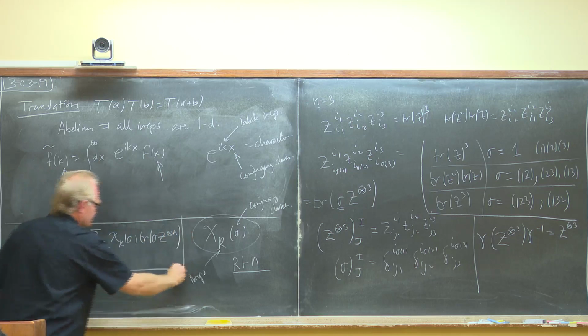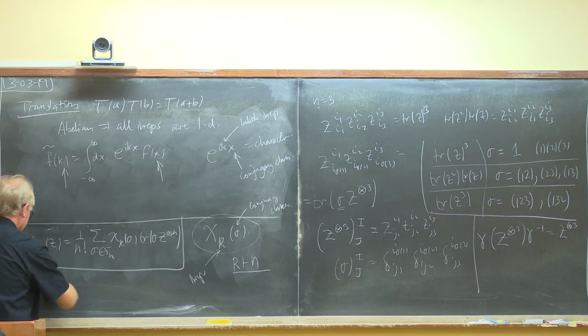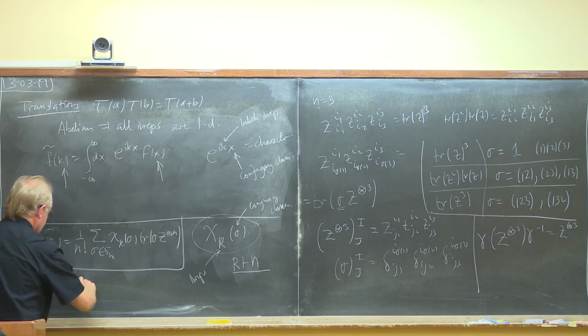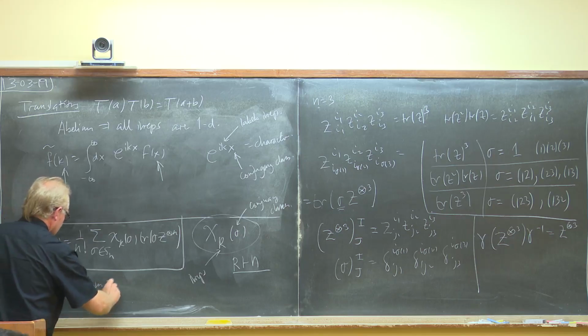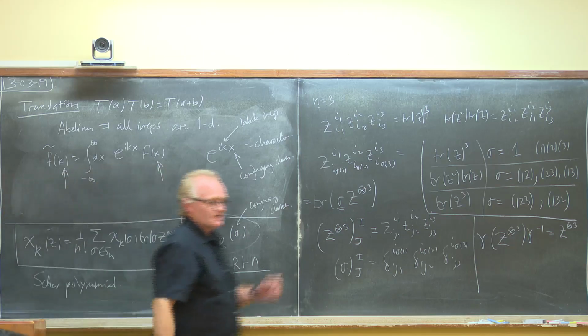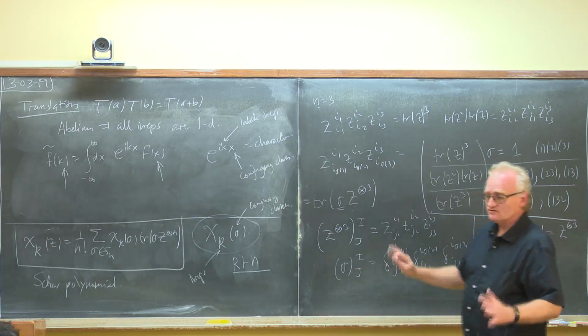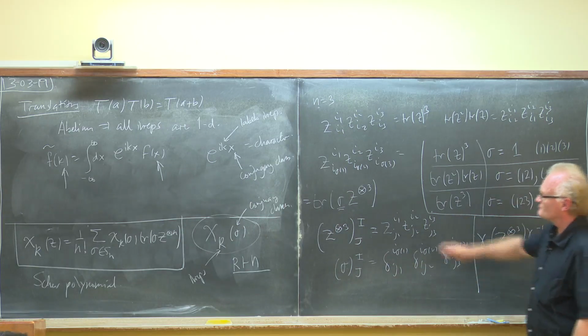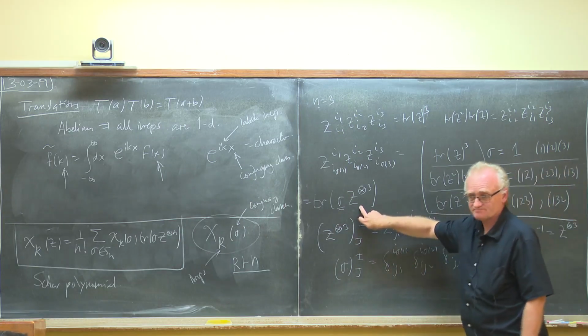And this is the Schur polynomial. So it's just, if you like, a Fourier transform from the trace basis.